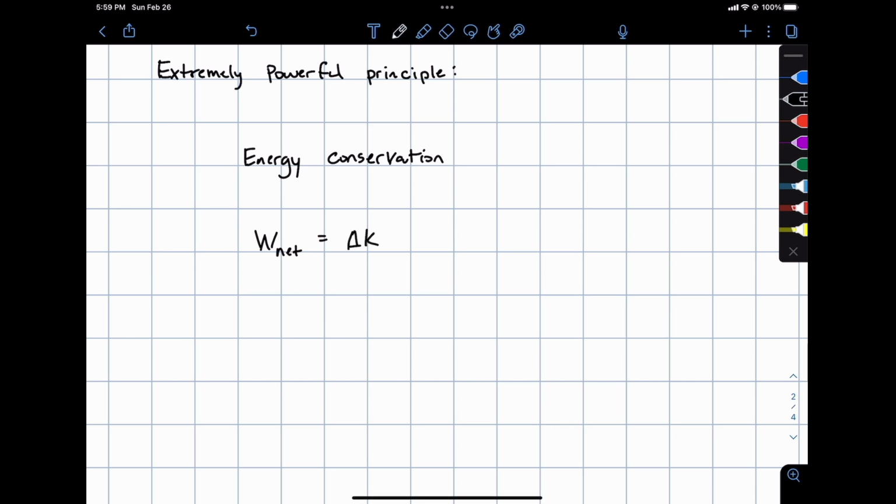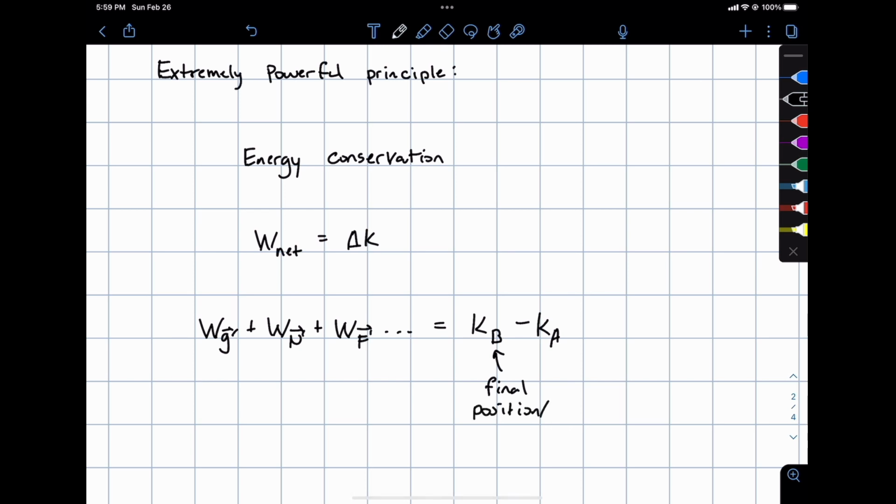So what do I mean by work net? Work net is all the work in a system. So you add up all the work, like work done by gravity, work done by the normal force, work done by friction, etc., equals the change in K. And that's K_B minus K_A, where K_B is the final position or final velocity, right?